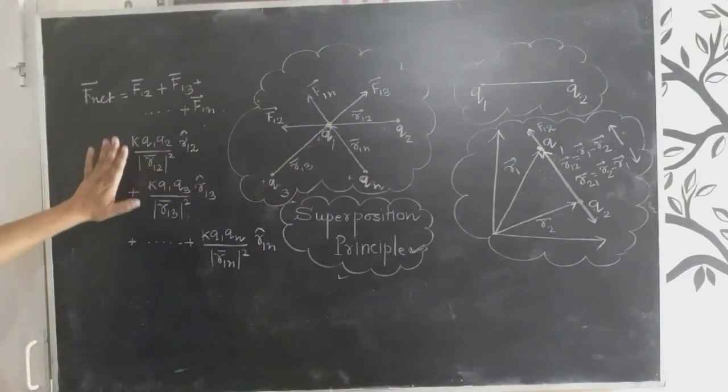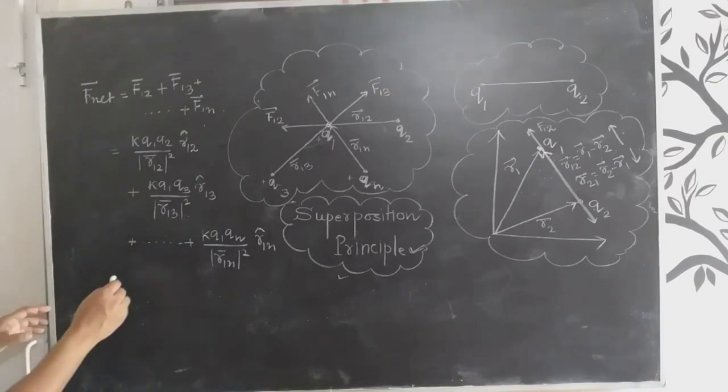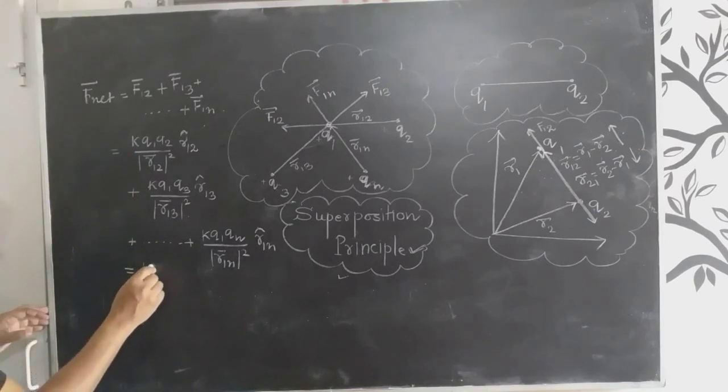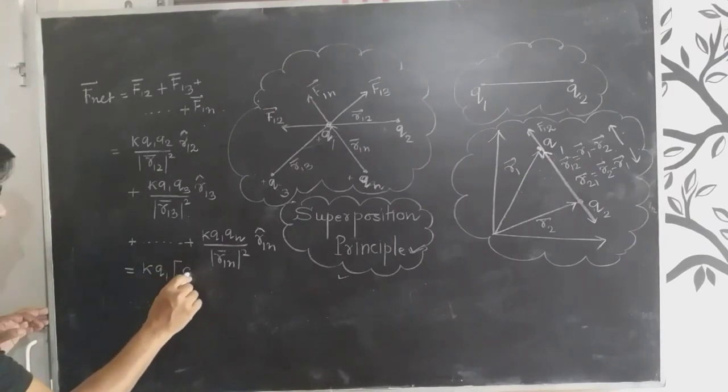Now, in these cases, what are the things that are common? KQ1 is common. I am taking KQ1 outside. So KQ1 is outside. What remains inside?